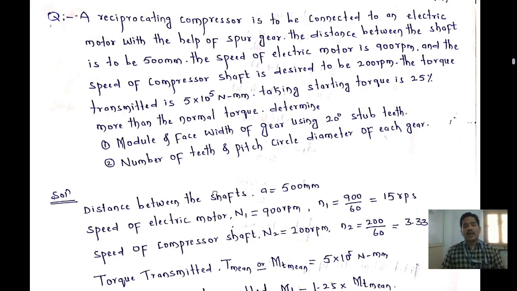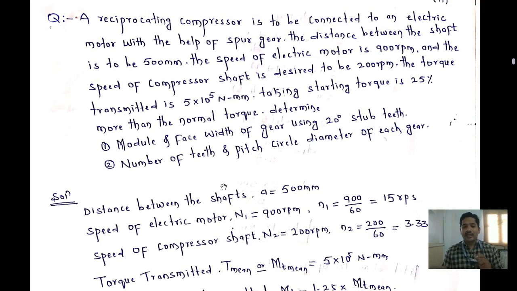So first of all, you have to write down the given data. In the given data, the distance between the shafts is given as 500 mm. One is the spur gear, another one is the pinion.